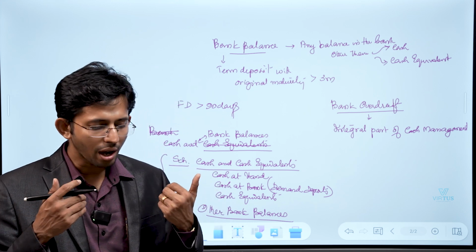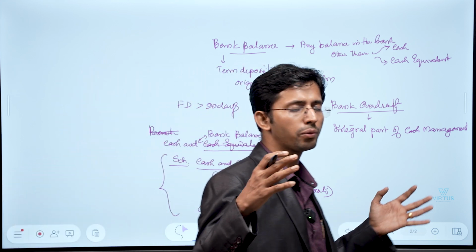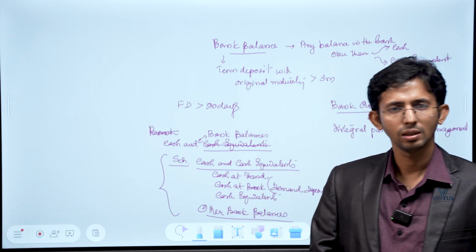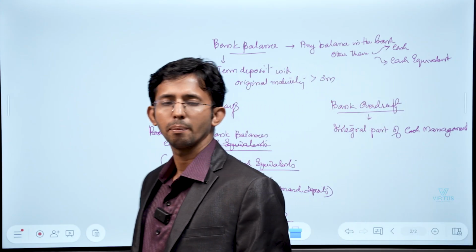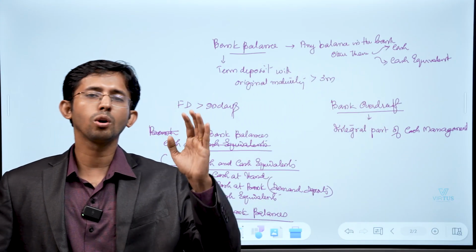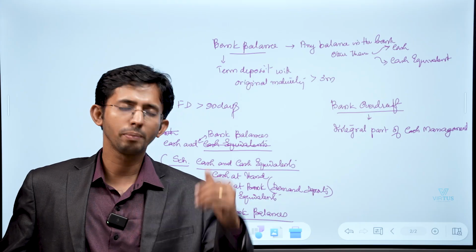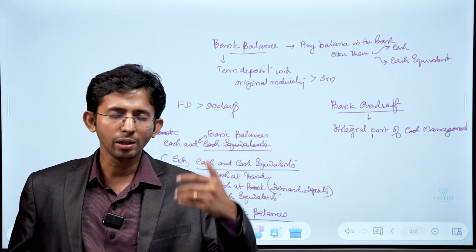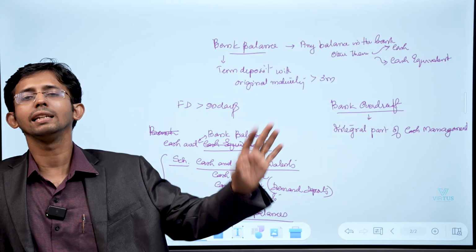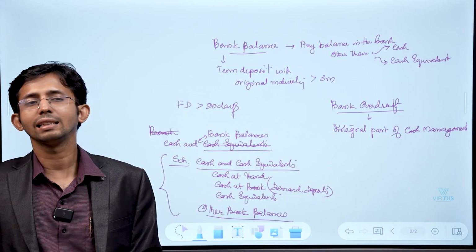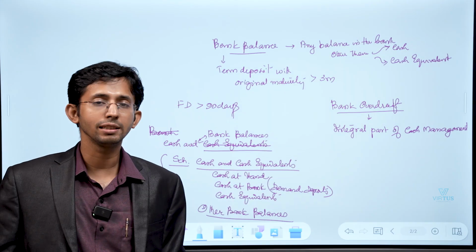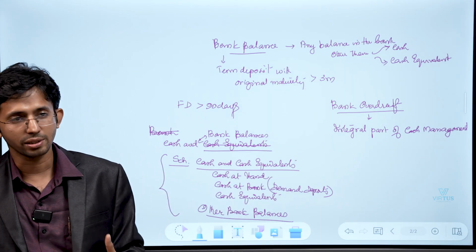Otherwise, if you say, okay, I have a facility of 100 lakhs or 1 crore, and all throughout the year my bank OD will be overdrawn by 100 lakhs or maybe by 80 lakhs, or I will be utilizing this throughout the year, then you can't say that it is part of my cash management; rather, it is like a loan facility.